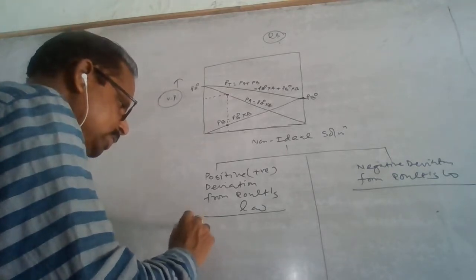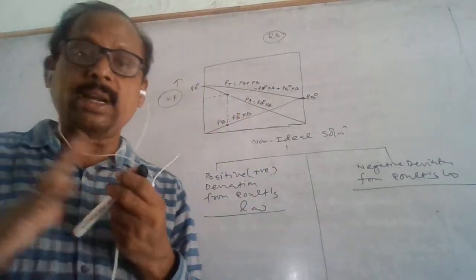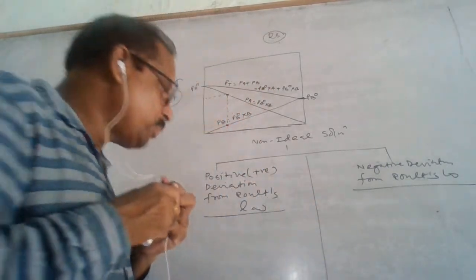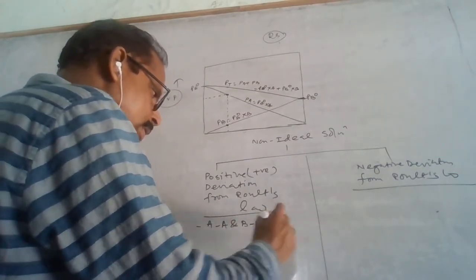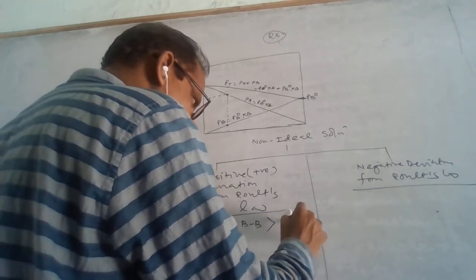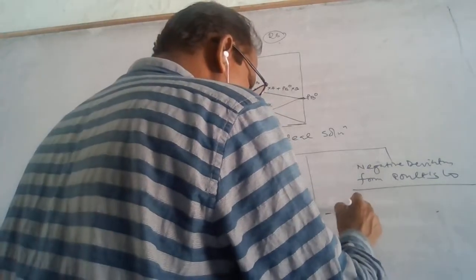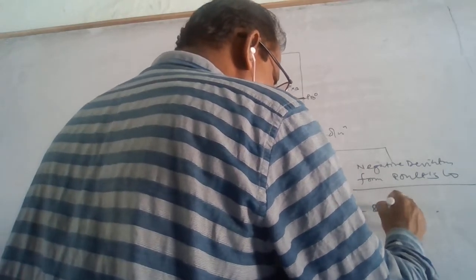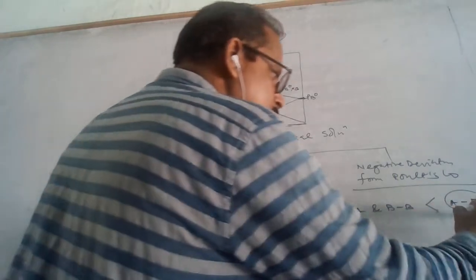In the positive deviation, the vapor pressure will be more, which means the force of attraction is definitely less. So for the positive deviation, the force of attraction between AA and BB is more than the force of attraction between A and B. Here the force of attraction is less, here it is more.